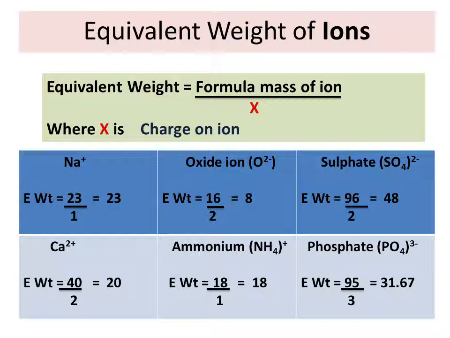Phosphate ion formula is PO4 to the power 3 minus charge. It has 3 minus charge. So formula weight is 95 for phosphate, and its charge is 3 minus, so divided by 3, that comes out to be 31.67. So this is how we are going to calculate equivalent weights of ions.